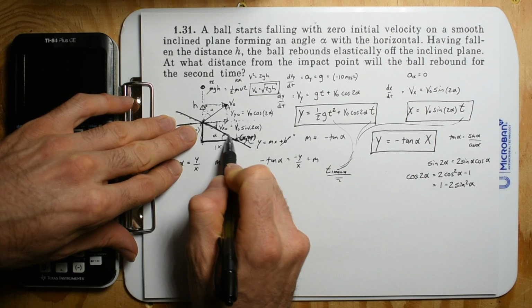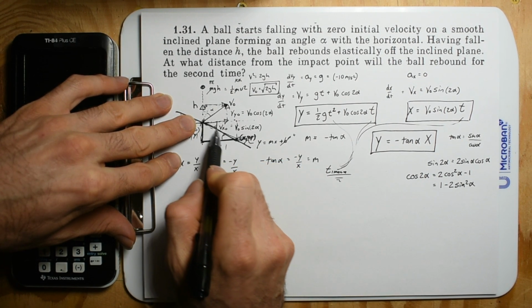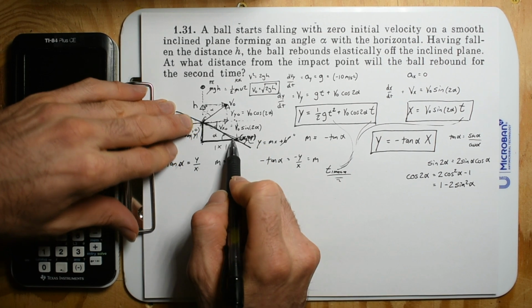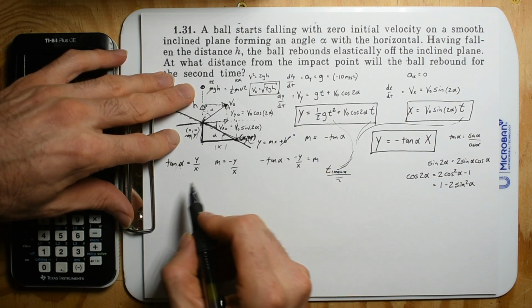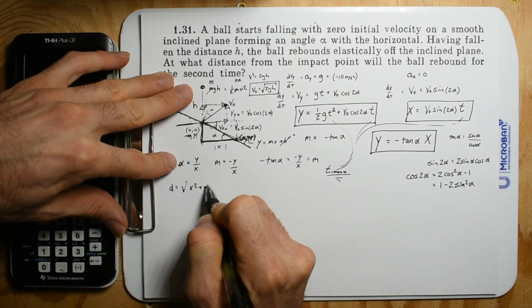They want to know the hypotenuse, the actual distance between these 2 points, not going over this way and down that way. So d is equal to the square root of x squared plus y squared.